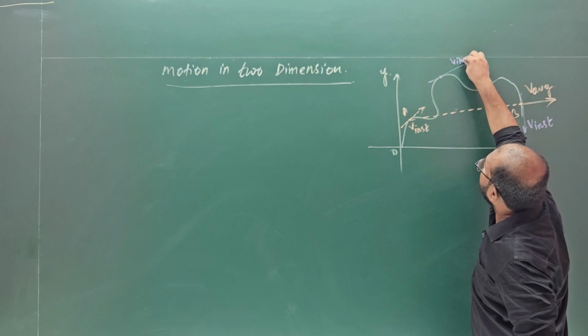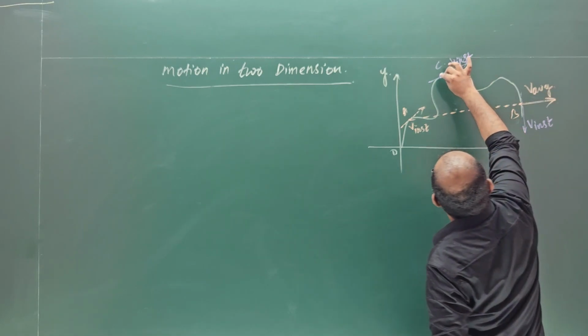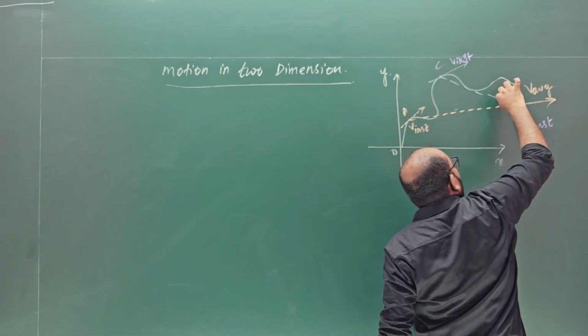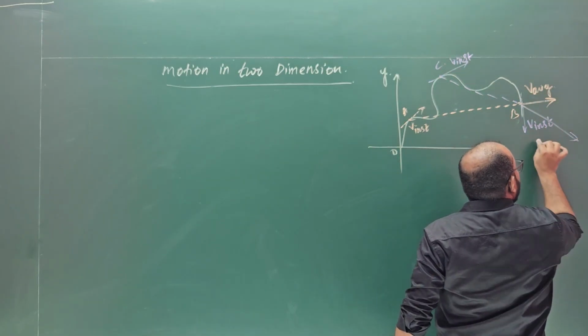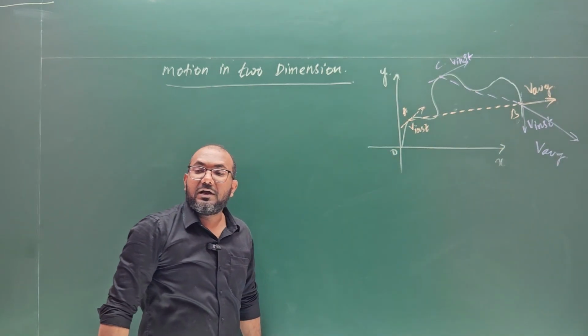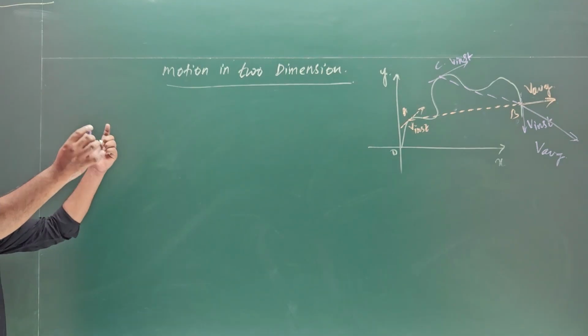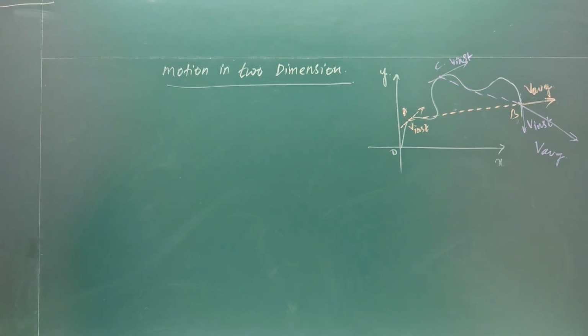This is your instantaneous velocity at A. Let's say this point is C. Then the average velocity between C and B will be directed in this direction. So this is your V average. So the average velocity direction is independent of what is happening in between. It is only dependent on the initial position and the final position.